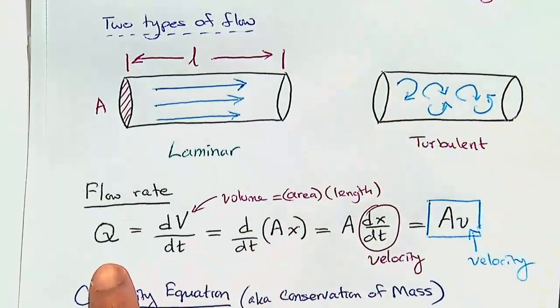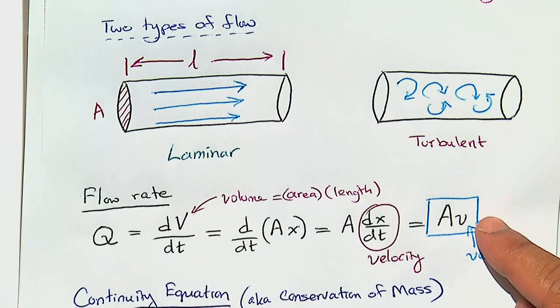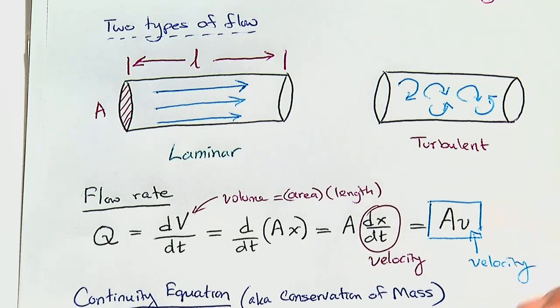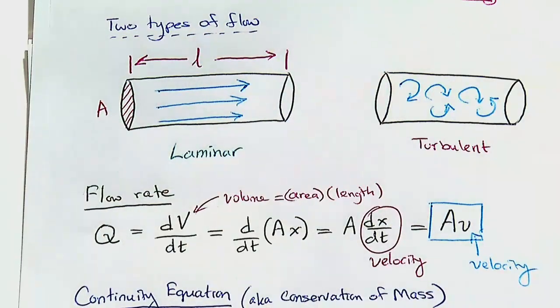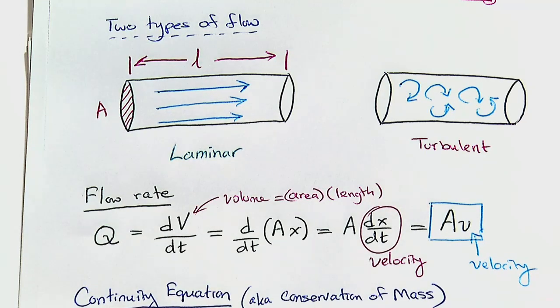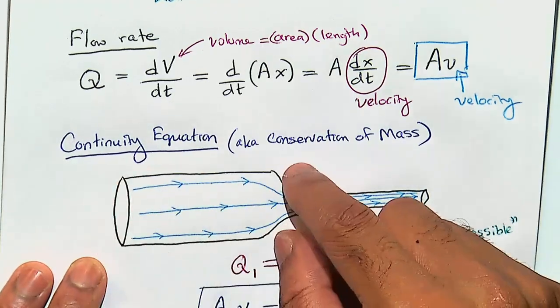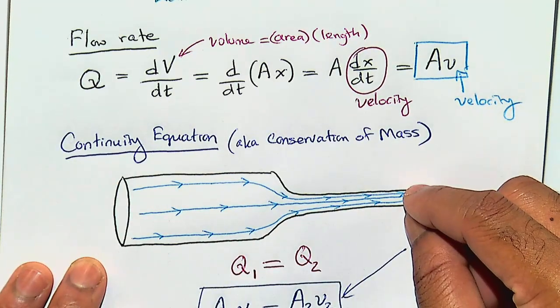Then we're talking about a flow rate, so we can figure out how much volume is going through over time, as long as we know the area and the velocity, and that doesn't change. If this goes on for a long while, the flow rate is the flow rate, no big deal. If you have a change in size, if you have this going into this, it gets smaller.